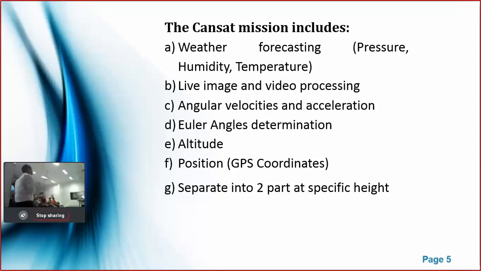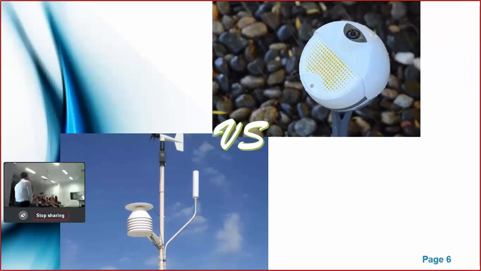The CANSAT mission includes weather forecasting, such as pressure, temperature, humidity, carbon dioxide percentage, oxygen percentage, and dust level. In the past, we were forced to use some mechanical equipment to estimate the weather conditions.